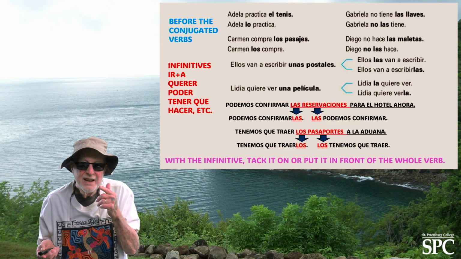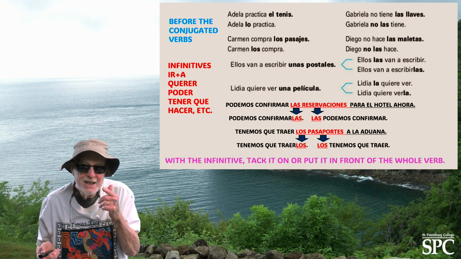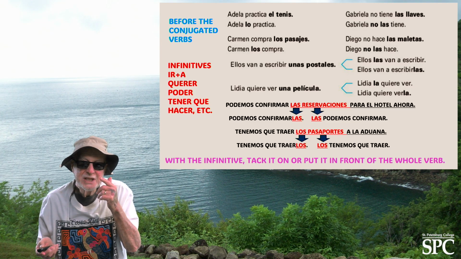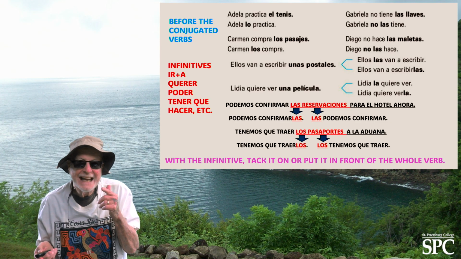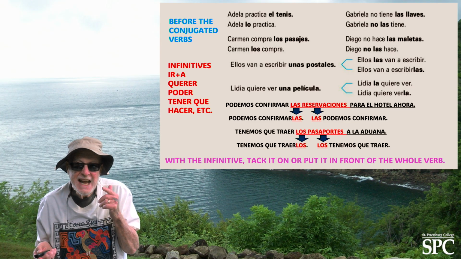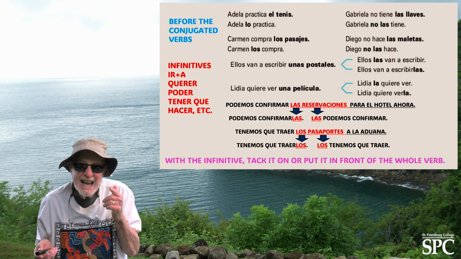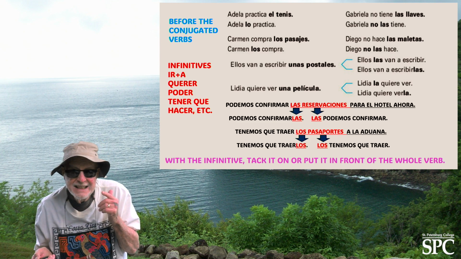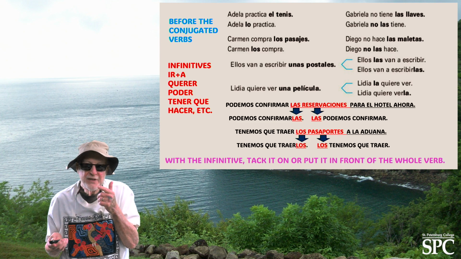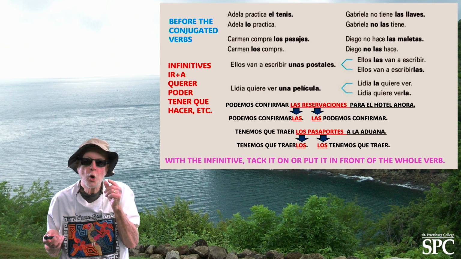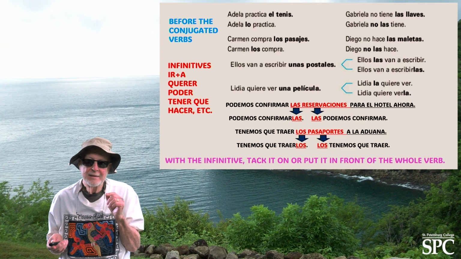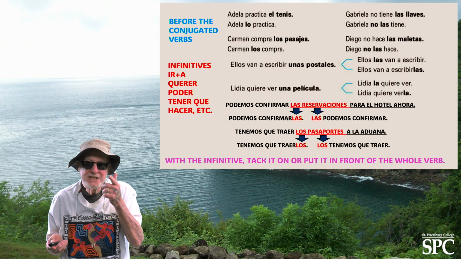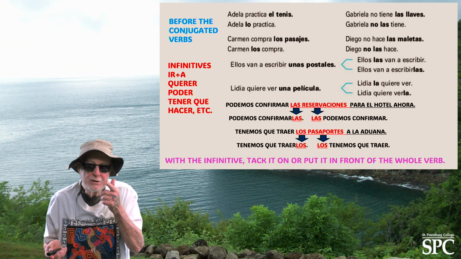You can put the las, which replaces the postales, either in front of the verb or tack it on. It says ellos las van a escribir, or ellos van a escribirlas. You can tack it on to the infinitive or put it in front of the whole verb. The whole verb there being van a escribir. You see my example down there, okay, with the arrows.